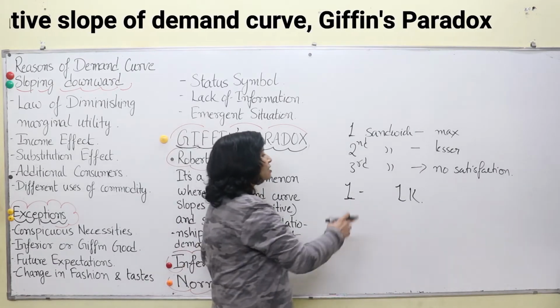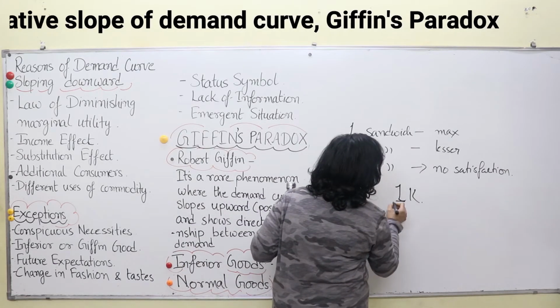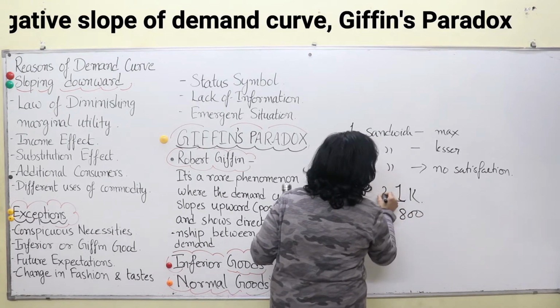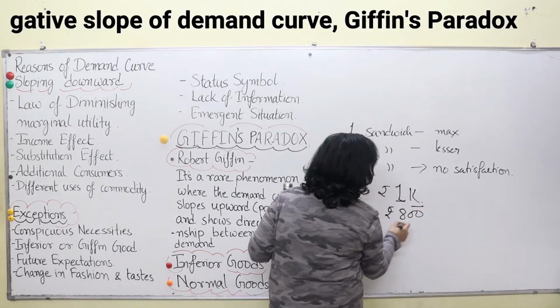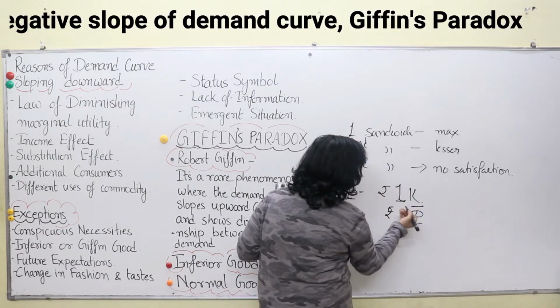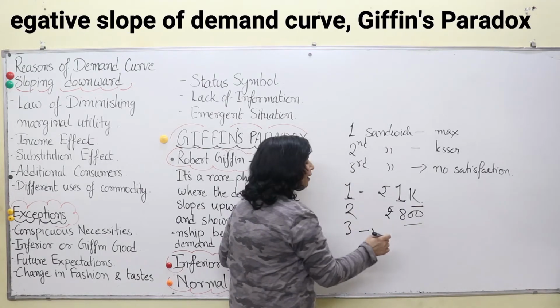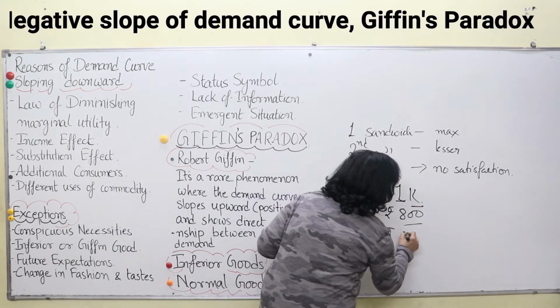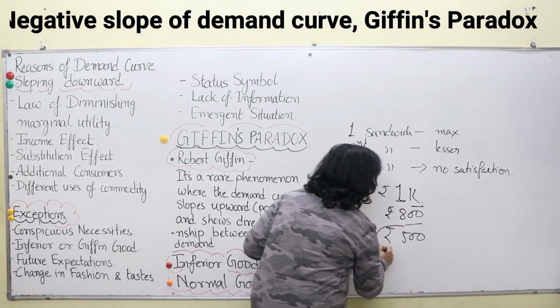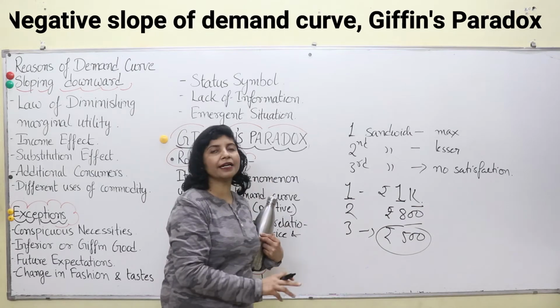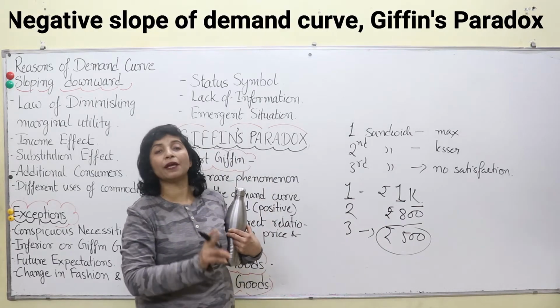But if someone offers me this bottle for 800 rupees, I may purchase the second bottle. For the third bottle, I may be ready to give only 500 rupees. That means the satisfaction I am gaining is declining, and that's why my marginal utility is also declining, and that's why I am ready to pay only lower prices.